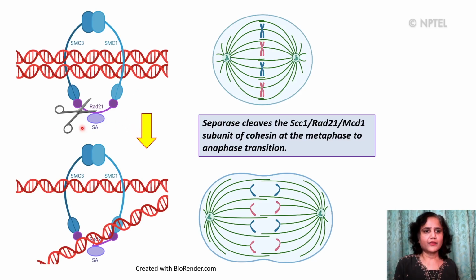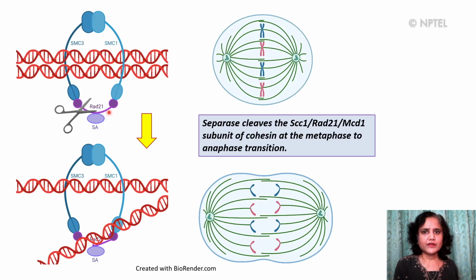An enzyme known as separase is activated after all the chromosomes have aligned at the equatorial plane and attached to microtubules, and there's no empty kinetochore left. Then separase cleaves a cohesin subunit, RAD21, which is also known as SCC1 or MCD1 in budding yeast.